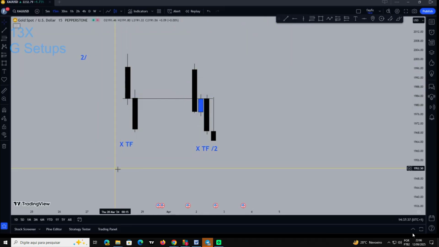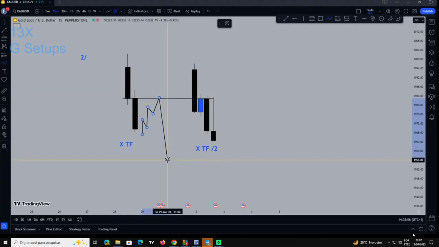In the next time frame, we have a fresh gap. And when we go one time frame lower, what we find is a classic CC. Here, price will revisit this level once again, touch the main level and drop down for sell setups.